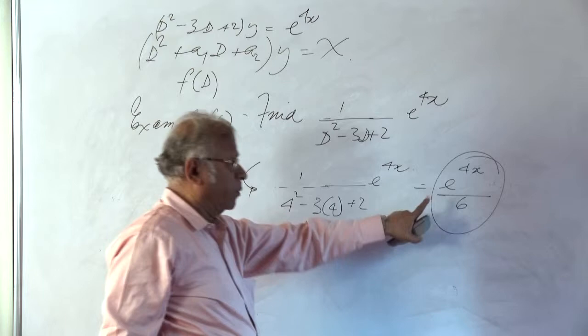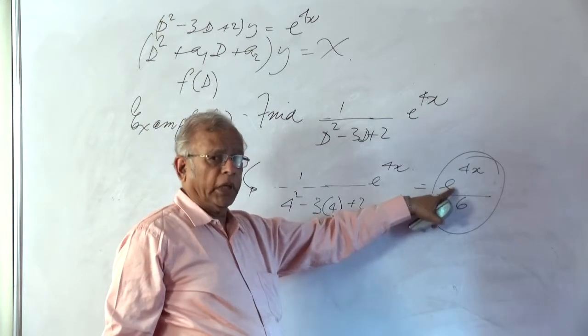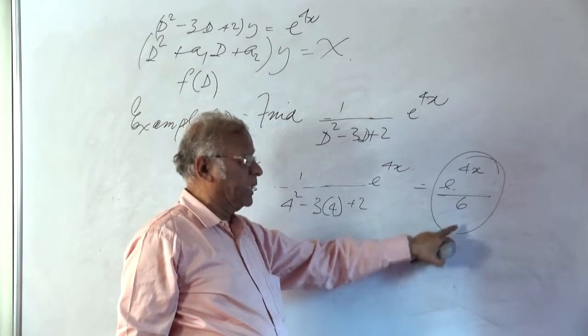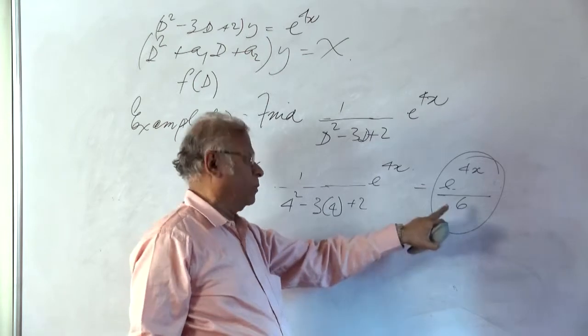In other words, number one, this does not contain any independent arbitrary constant. It contains a constant 6 which is allowed.